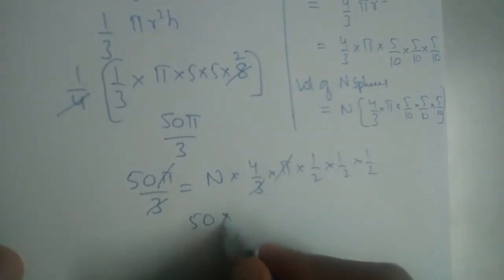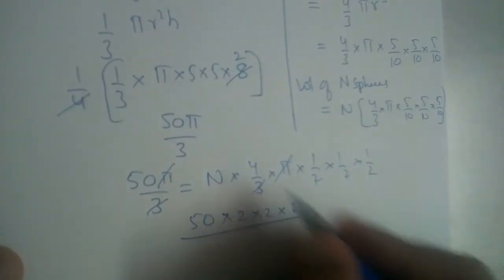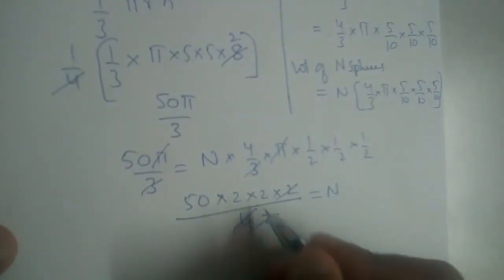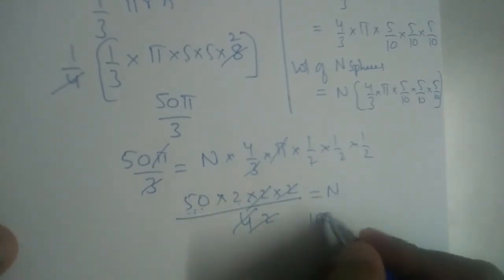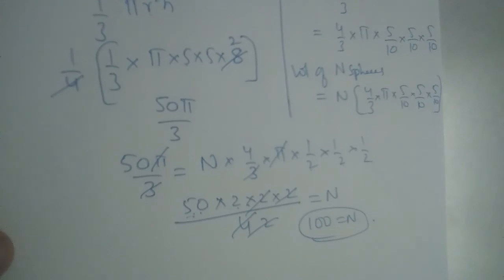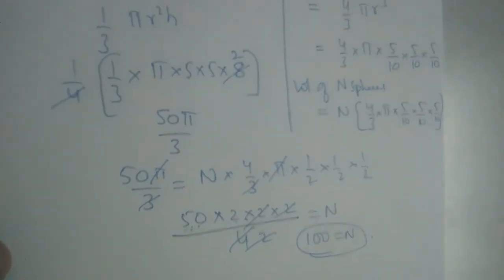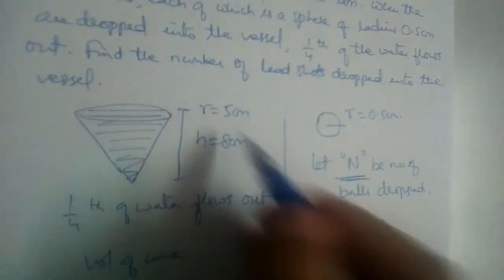So 50 into 2 into 2 into 2 divided by 4 is equal to n. So 2 2 is 4. What is left now? 50 and 2, 52 is 100. How many marbles should be dropped? 100 marbles, or 100 spheres. So when we are dropping 100 spheres in this cone, 1/4 of the water is coming out.